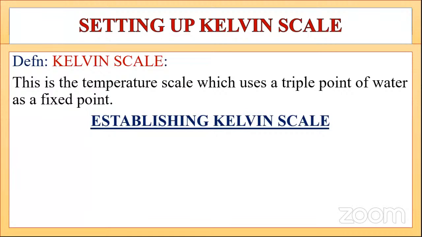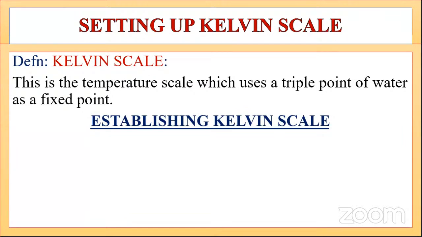We said the triple point is the temperature at which water, pure vapor, and pure ice can exist at equilibrium under specific conditions. And the particular condition there was that the pressure must be a standard atmospheric pressure of 76 centimeters of mercury or 760 millimeters of mercury.